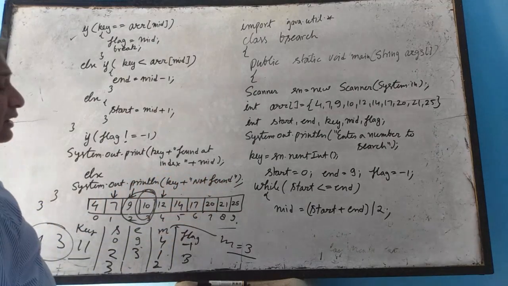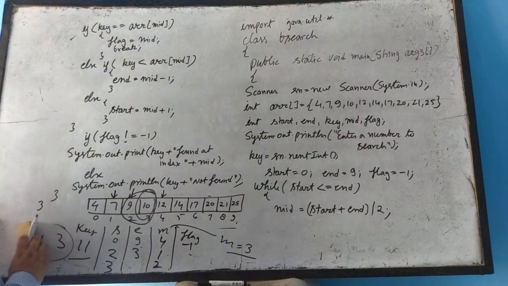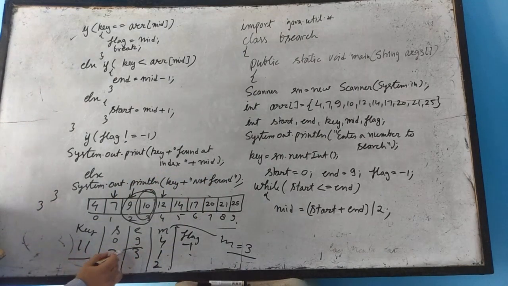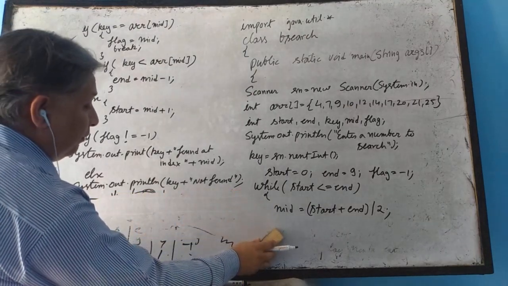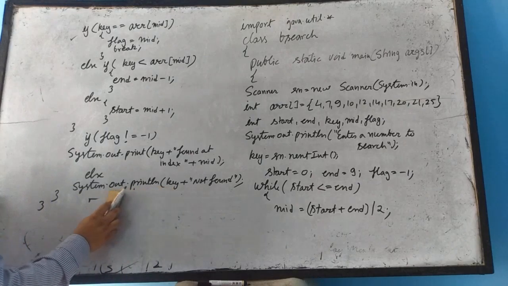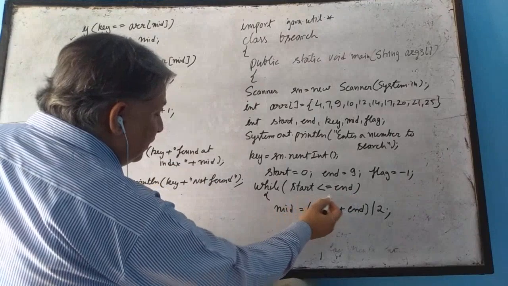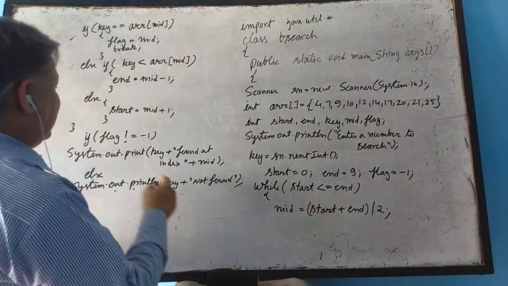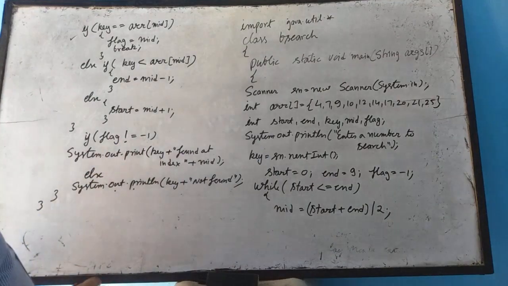This condition, start is less than equal to end will be false. So either start increments or end decrements, as both are equal now. Start will be more than end, and flag will not change, it will come out of this loop because of this. So this condition is going to be false and the message will come that the key is not found, 11 is not found.